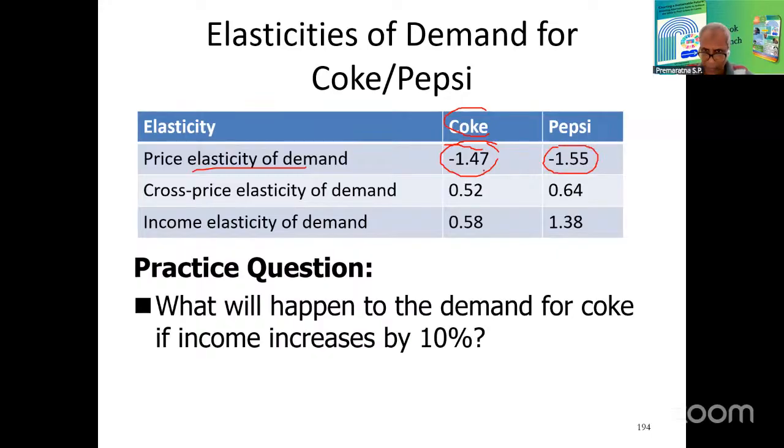So those are the values. Now you see in both cases, elasticity is greater than 1, which means if the price increases, definitely your income goes down. Then you need a strategy.